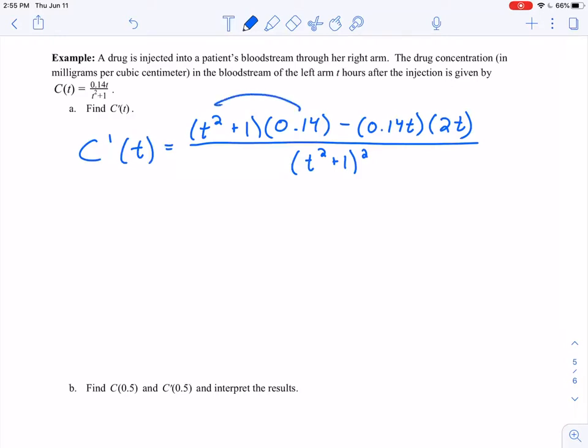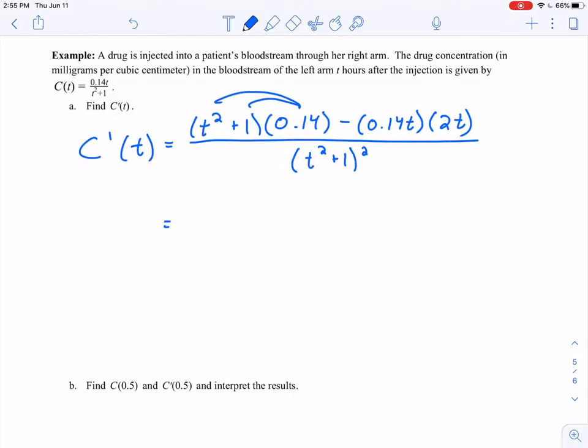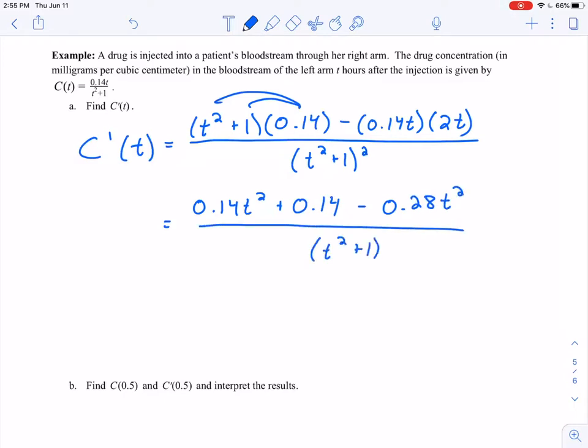So I can distribute 0.14, this is 0.14 t squared plus 0.14. Over here I'm going to have negative 0.28 t squared divided by (t squared plus 1) quantity squared.